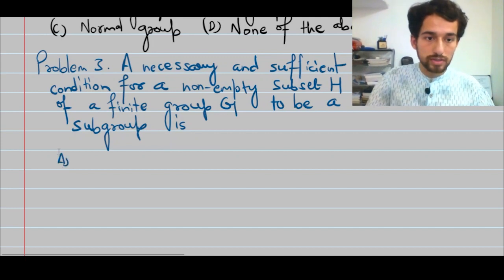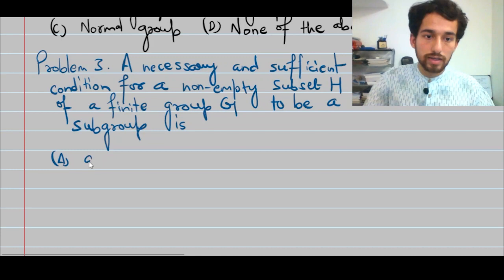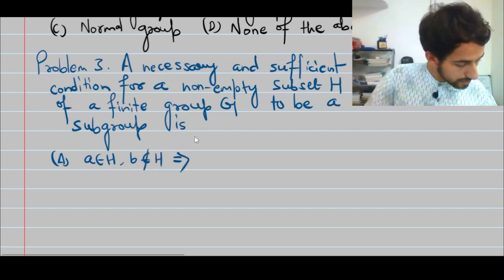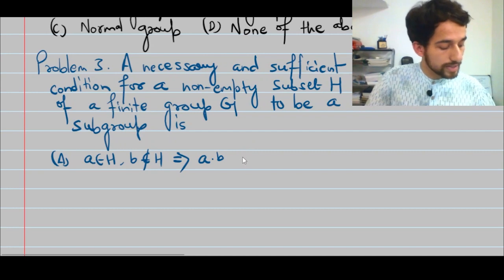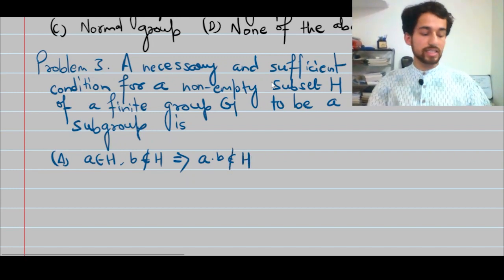The first option is that A belongs to H, and if B does not belong to H, then this implies A dot B. Now dot is again the operation, whatever the group we have. Dot can be anything. It can be multiplication, it can be addition. It depends on the group what you choose. So they satisfy this property.